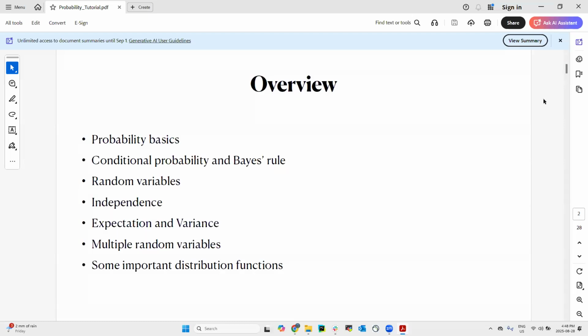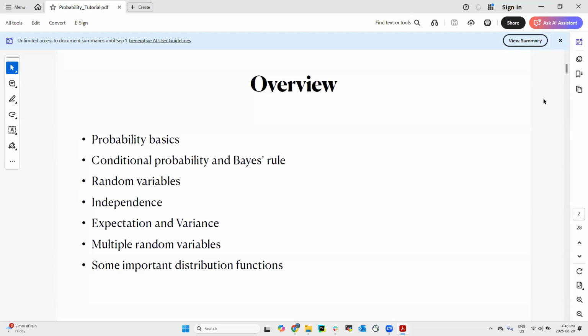So the plan for today for the probability part is like this. We'll quickly go over some probability basics. Then we'll talk about conditional probability and Bayes rule, which you probably have heard about. It's very important, and we're going to use this a lot throughout this course. Then we'll talk a little bit about random variables, some concepts such as independence, expectation, and variance. And then we'll talk about high dimensional probability.